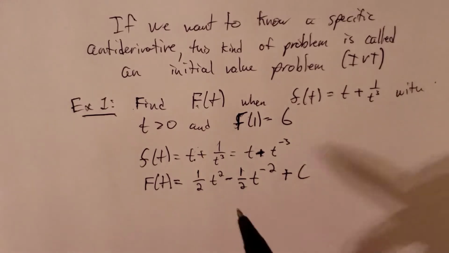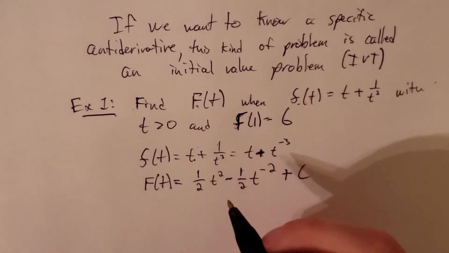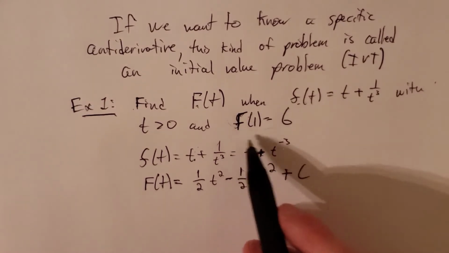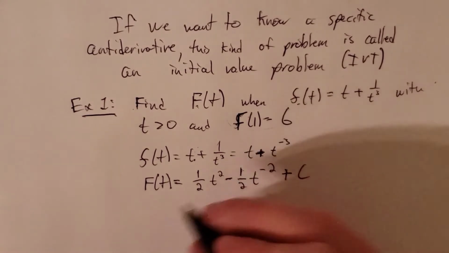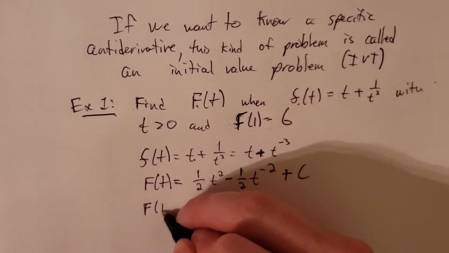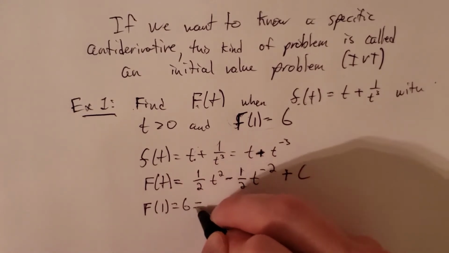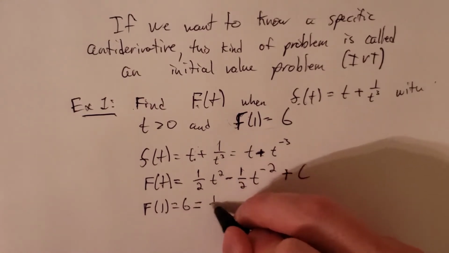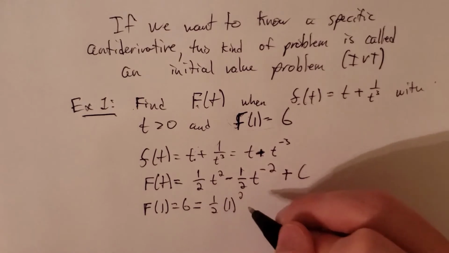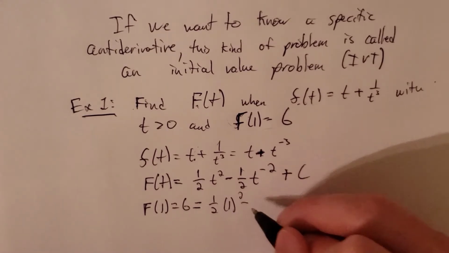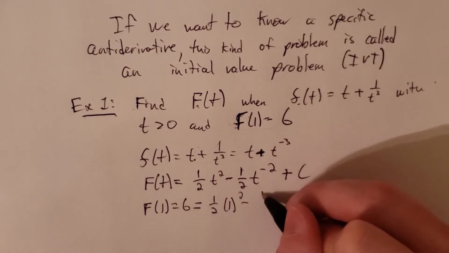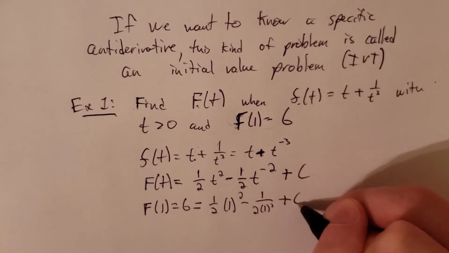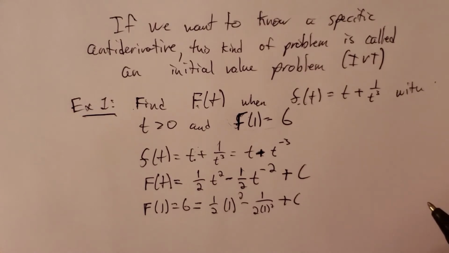Now, how do we actually finish up this problem? Well, we need to use our initial value here, which is F of 1 equal to 6. So what does that mean? Let's just go ahead and plug that in. F of 1 is equal to 6, and this is equal to, let's plug in 1 into our function here, 1/2 times 1 squared minus 1 over 2 times 1 squared plus some constant c.